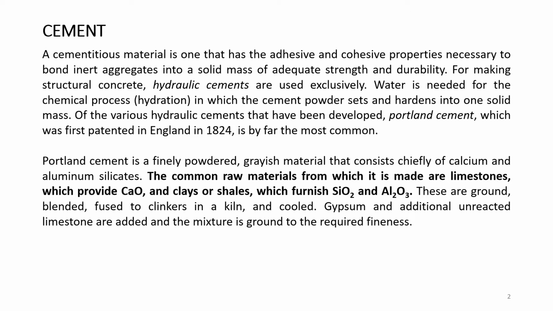That means first of all we take raw material like limestone and clay, and these are ground together and in a kiln heated up to fusion. After that the fused material is cooled, and then gypsum and some additional limestone are added and ground to the required powder.